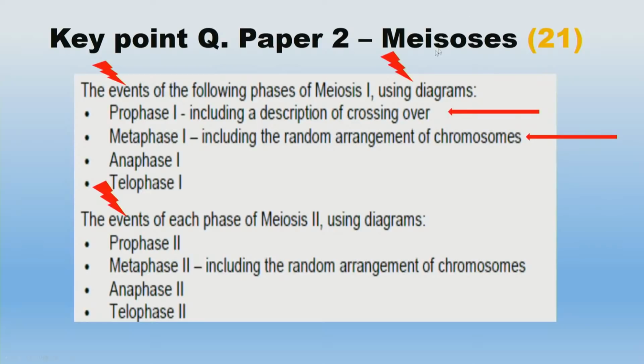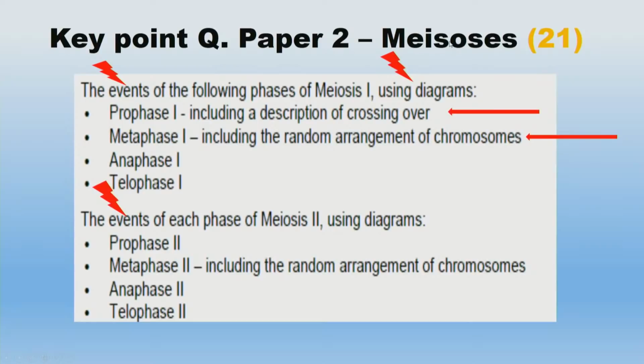Explain how meiosis can contribute to variation. Now remember, we don't have the long question at the end of the year anymore in section C, but they can break it up into smaller questions where you have to explain something.